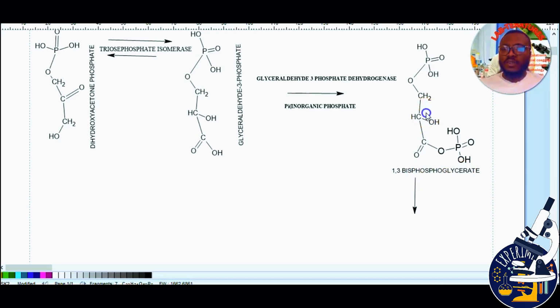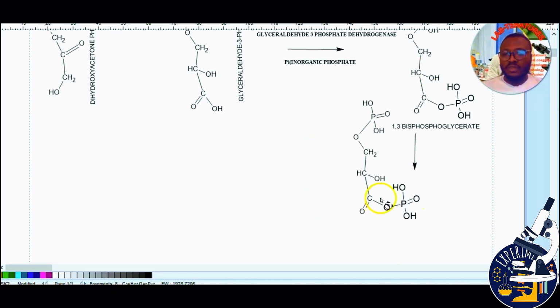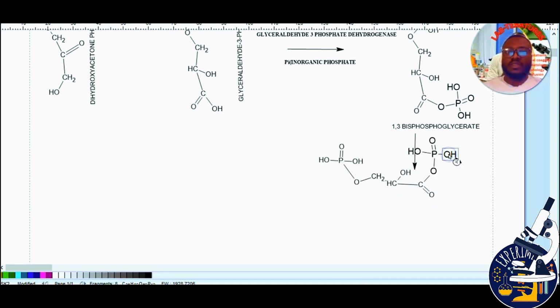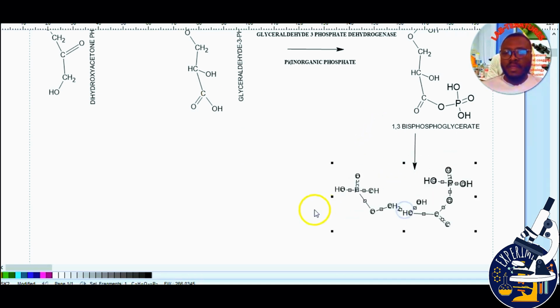So what we will quickly do is select this whole structure and copy it, because it is the same thing that we will use down here. Now when you look at this structure, I've already told you the enzyme that is present here for the catalysis, the name of the enzyme. I'm going to write it on here quickly.